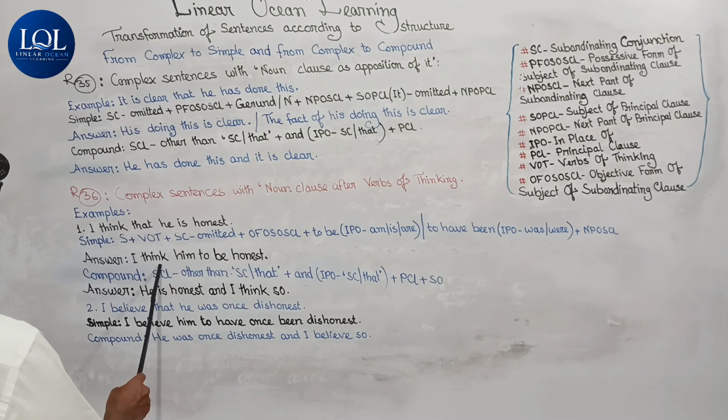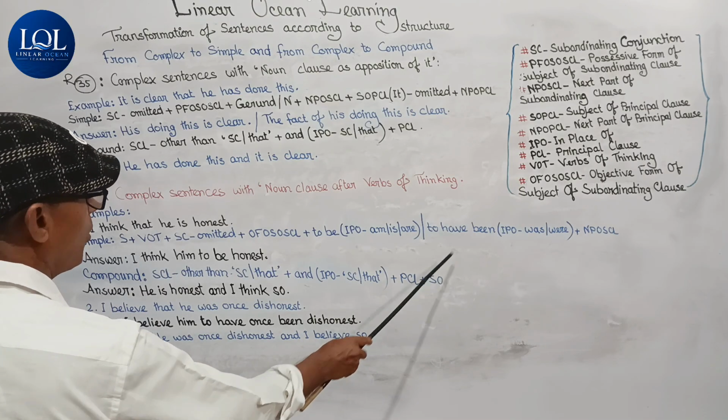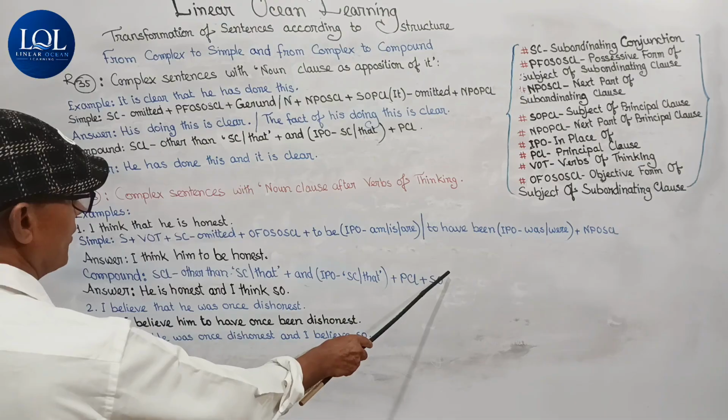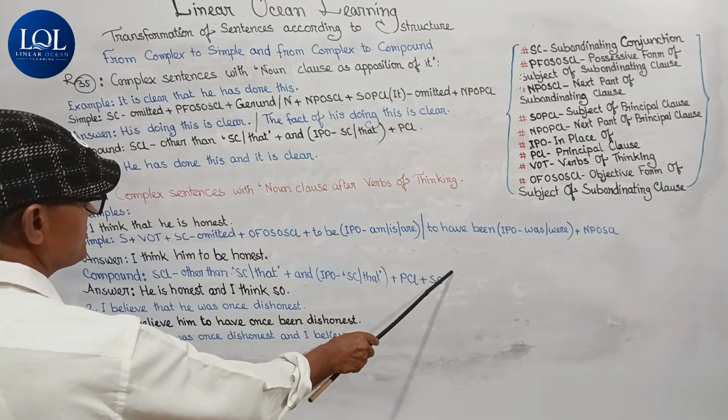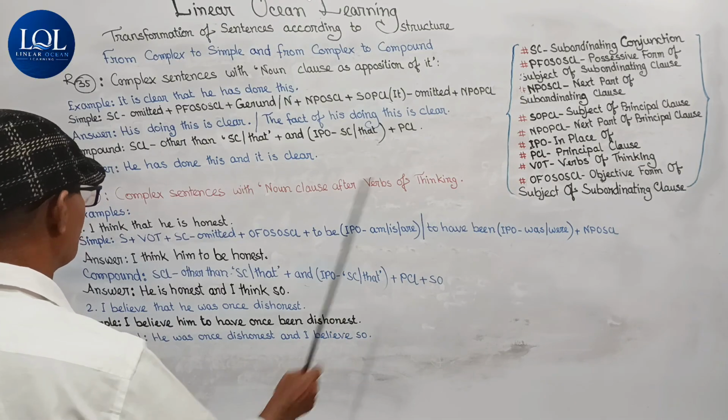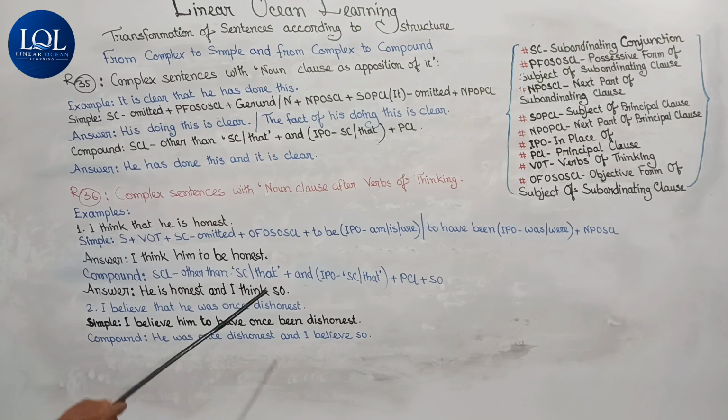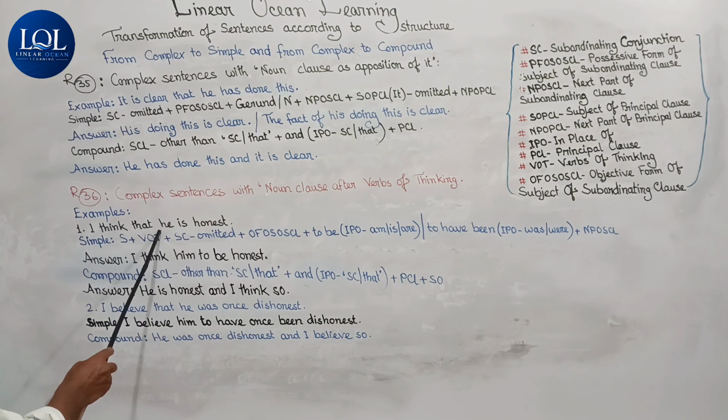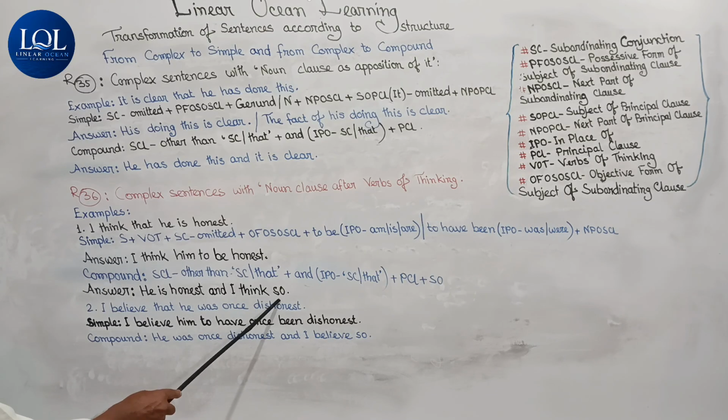PCL here is I think, then so or that. We can write so instead of that, or that instead of so. If we follow the structure, the compound sentence we get is: he is honest, and I think so.